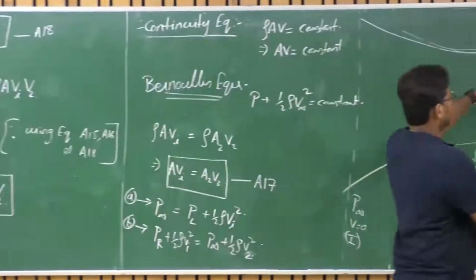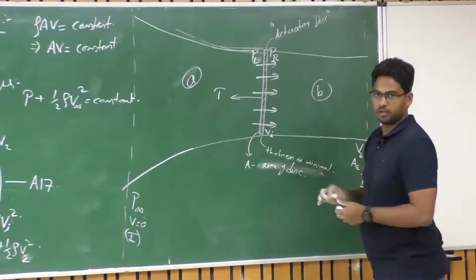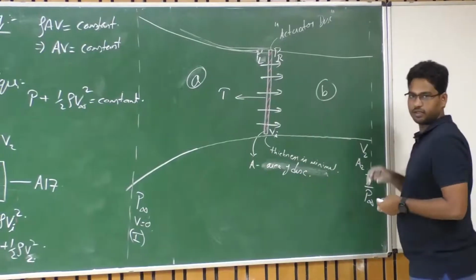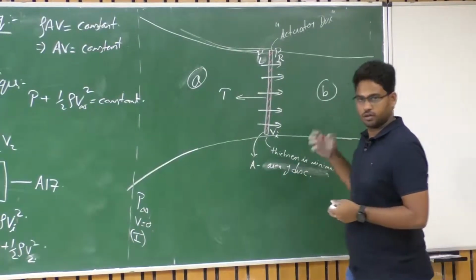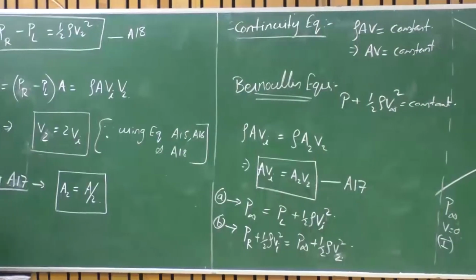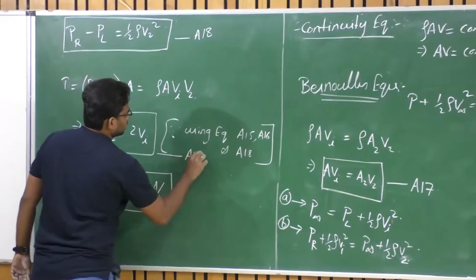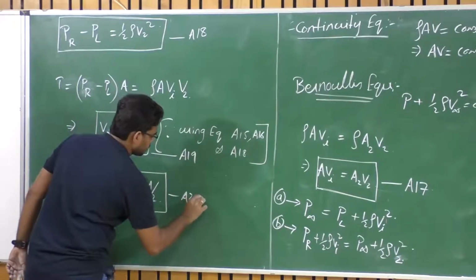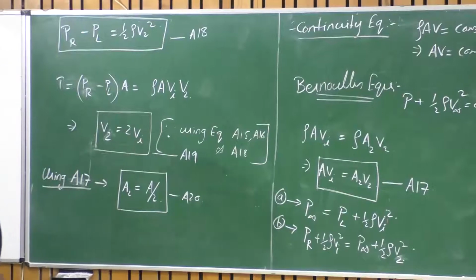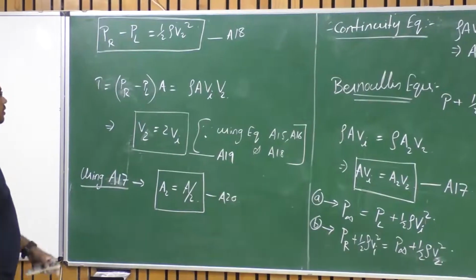So the cross section area of this stream tube is half the area of this disk. That is why it is accelerating, right? So yes, it is. So let this be A19 and A20. Fine? Clear?